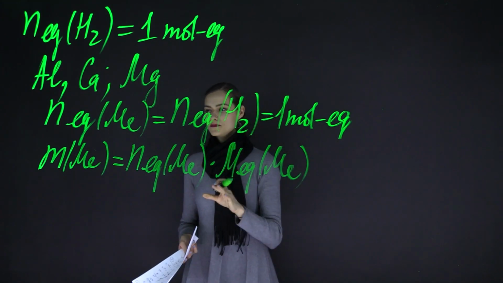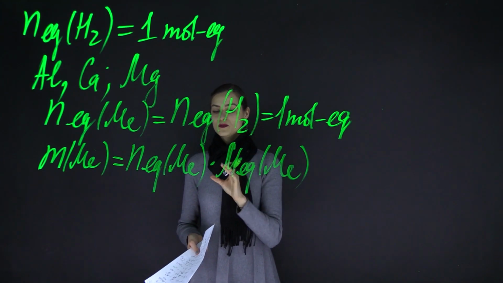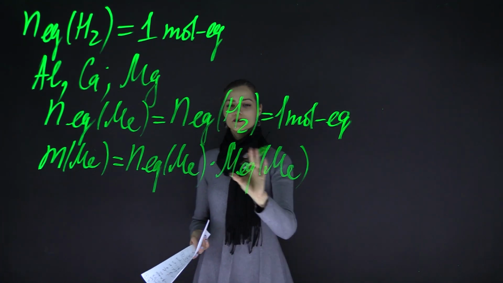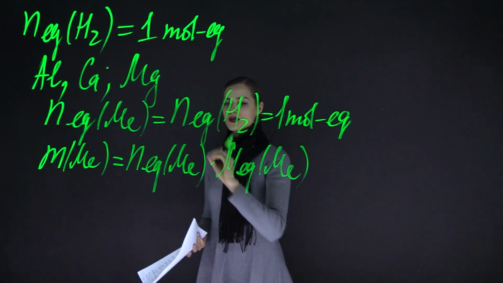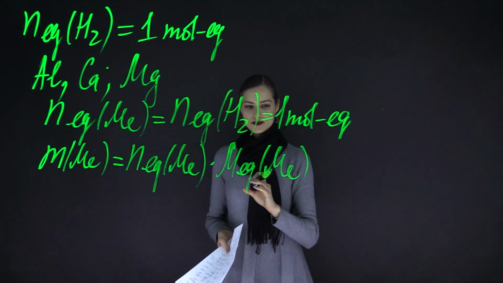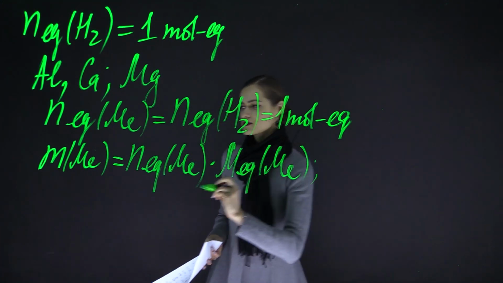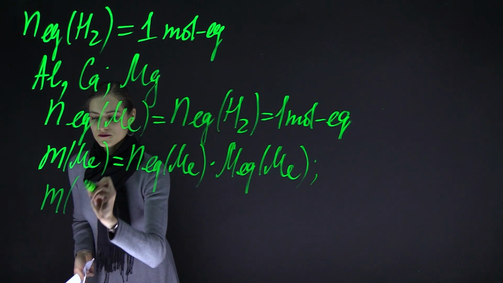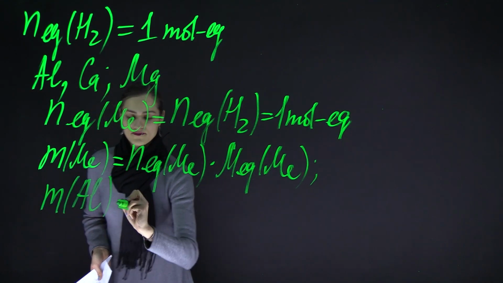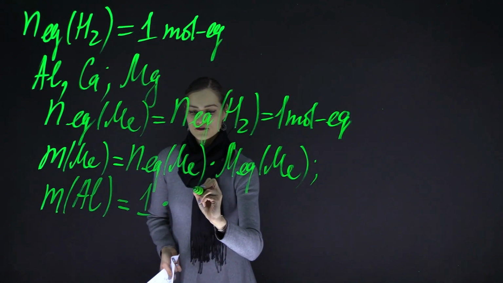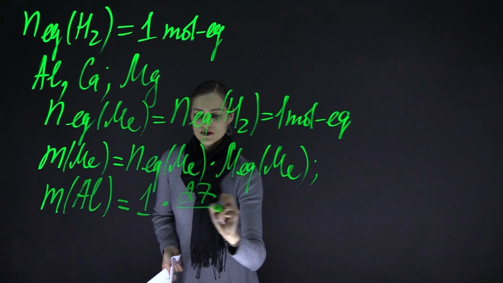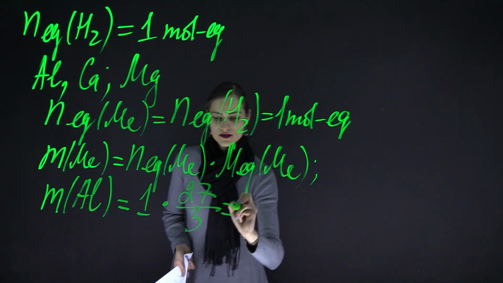You remember metal is a simple substance, so we can calculate the equivalent mass for a pure metal as the ratio between the atomic mass of this metal and its valency. So in this situation, the mass of aluminium is 1 multiplied by the atomic mass of aluminium 27, the valency is 3, so it gives us 9 grams.